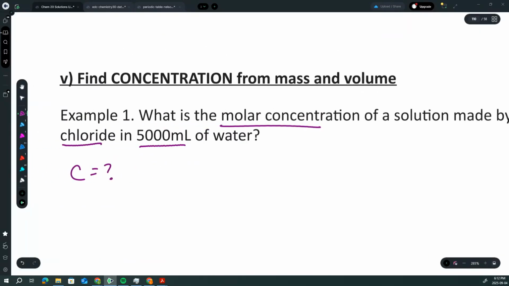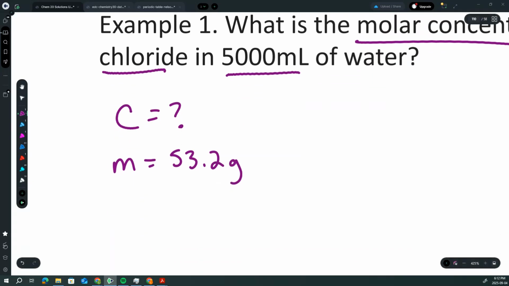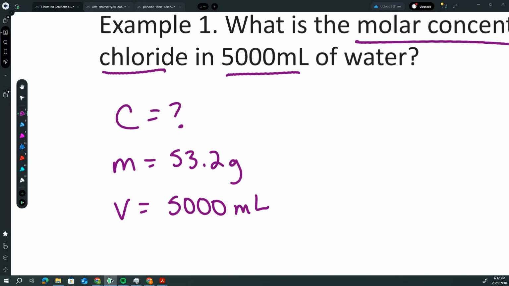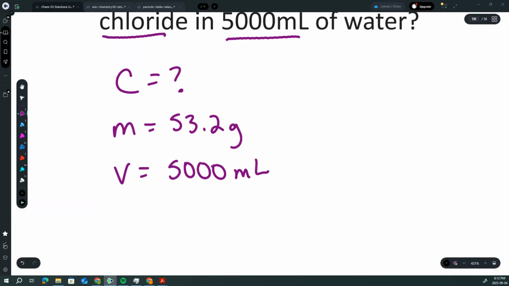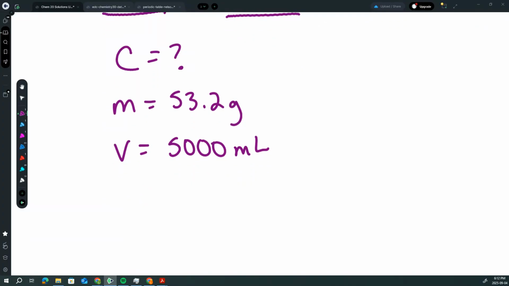We're given a mass, 53.2 grams, and we're given a volume of 5,000. I already know that I need to convert this into liters so that it works in our concentration formula. So if I take 5,000 divided by 1,000, that's going to give me 5 liters.